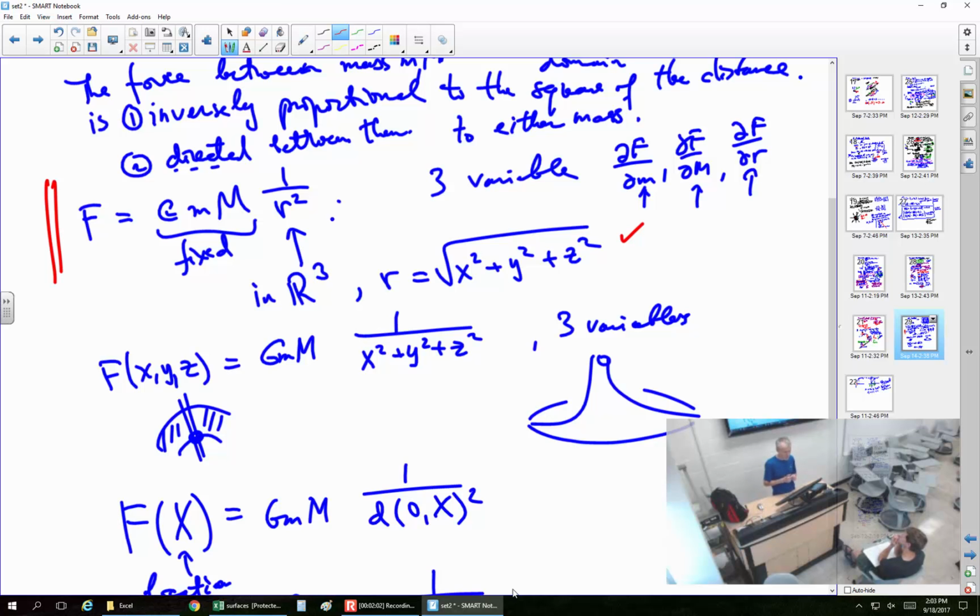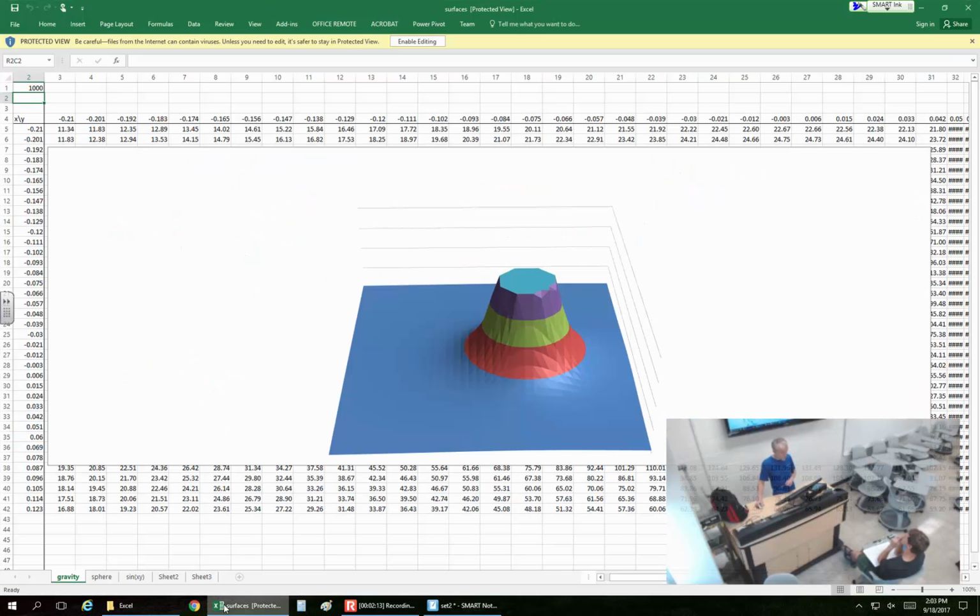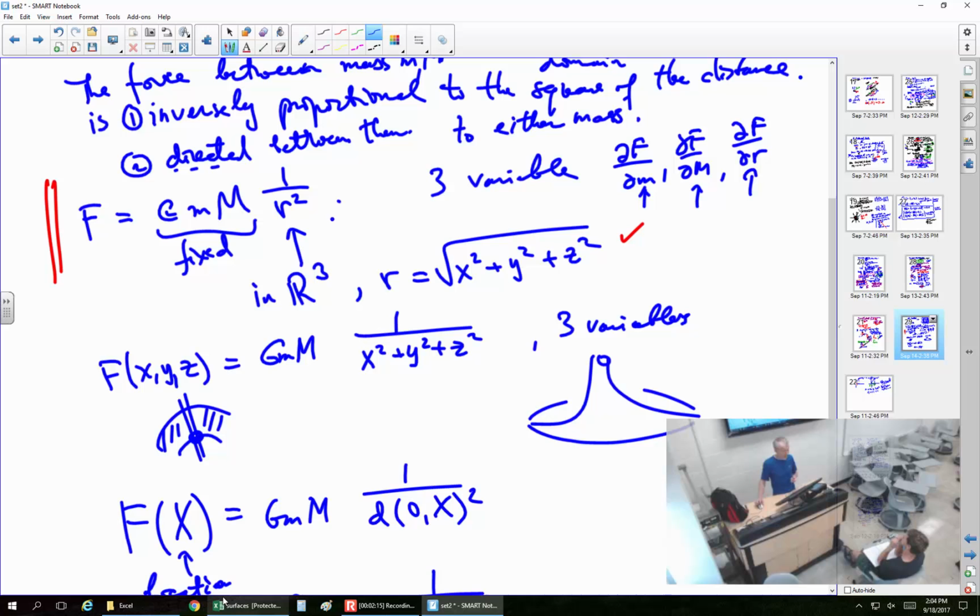It is easy to describe verbally what it means, but what do you see on this graph? Asymptotic behavior. Vertical asymptote at the origin. Okay, all right, vertical asymptote at the origin.